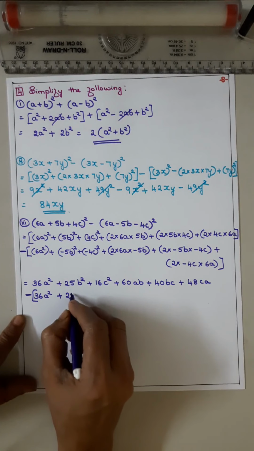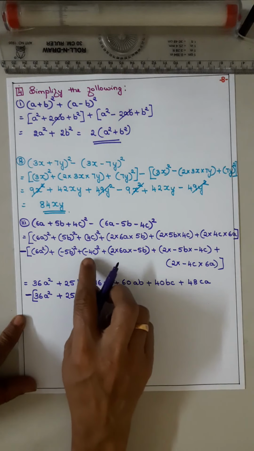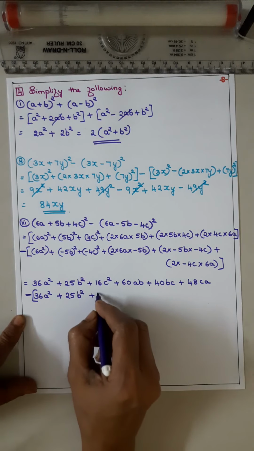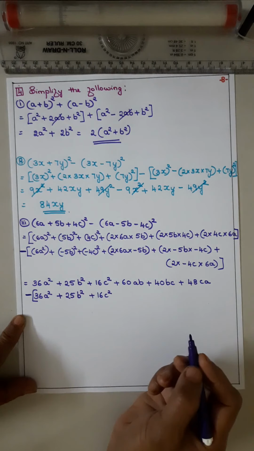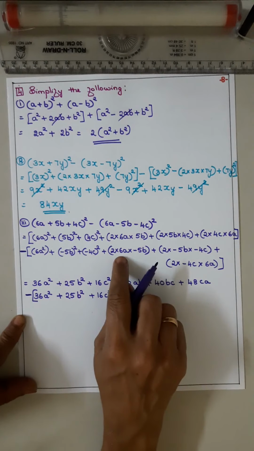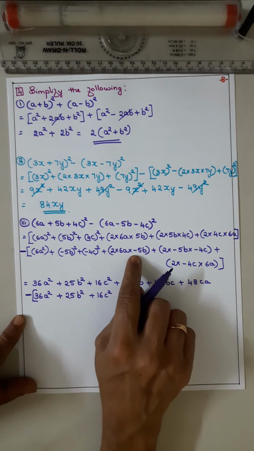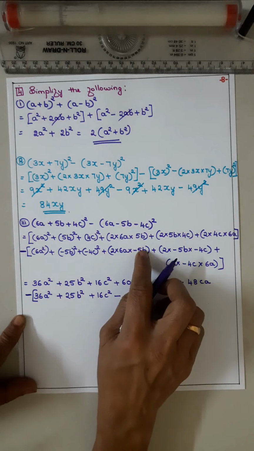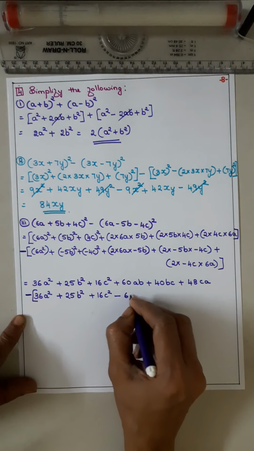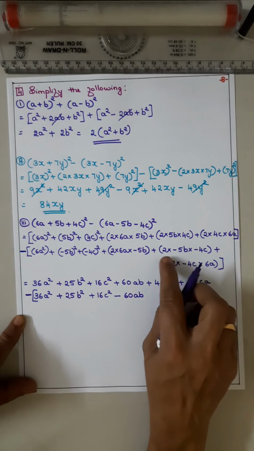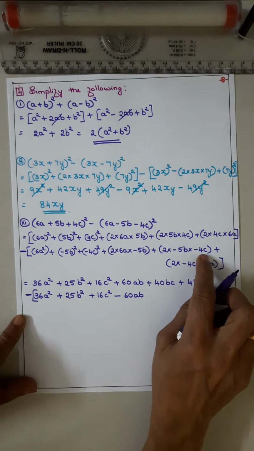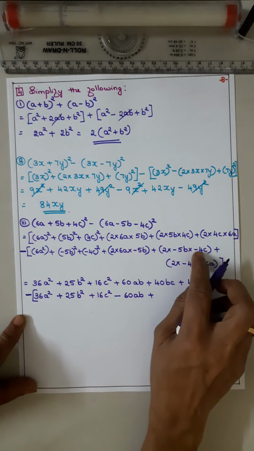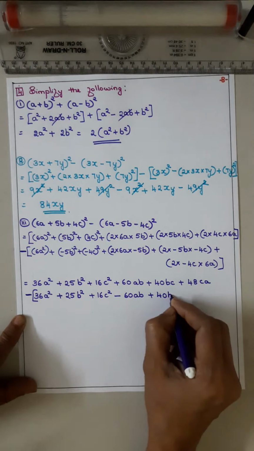Plus 25b². Now here minus 4 square will be plus 16c². Okay. Now here it will be minus, isn't it? Because 1 minus is there, minus 2 5s are 10, 10 6s are 60ab. Now here 2 minus are there, so it will become plus 2 5s are 10, 10 4s are 40bc.